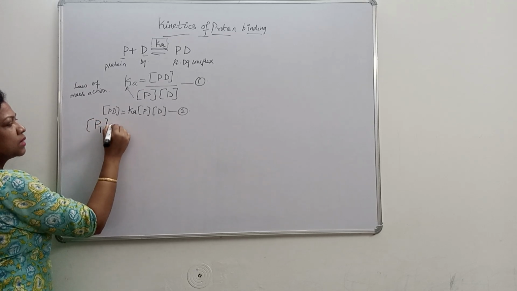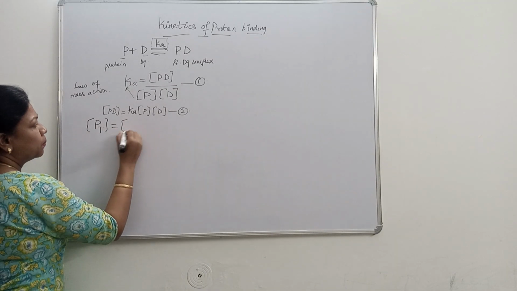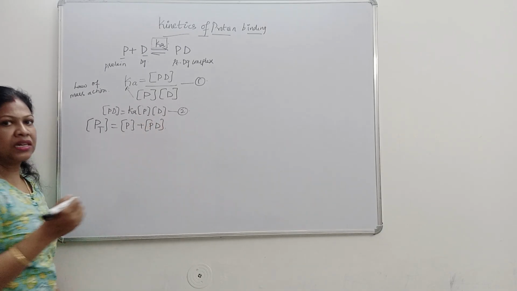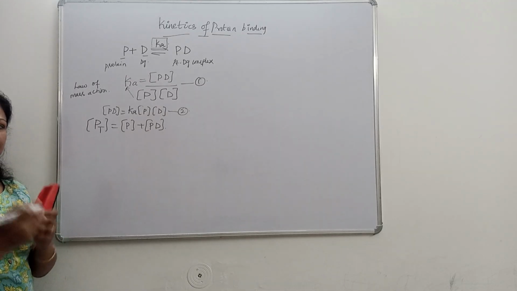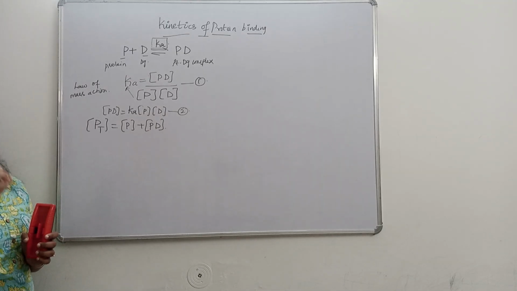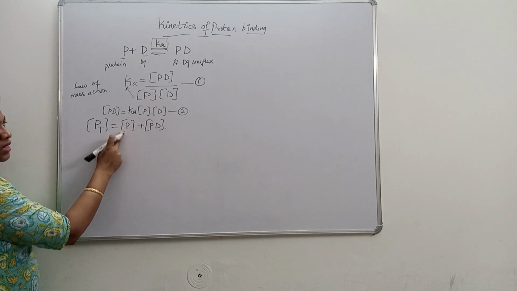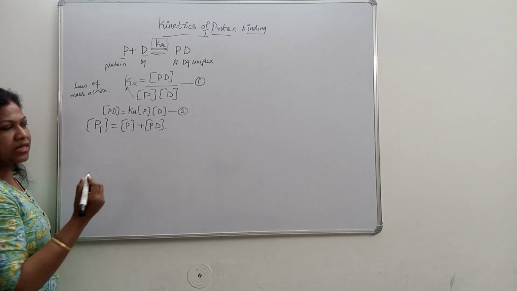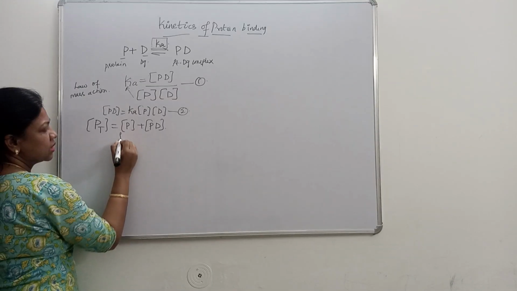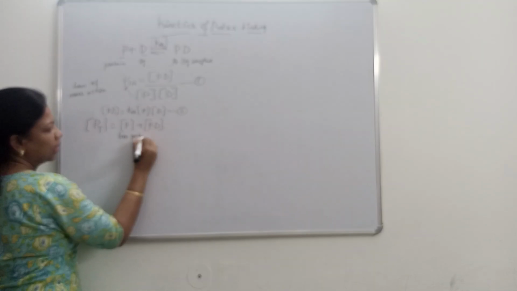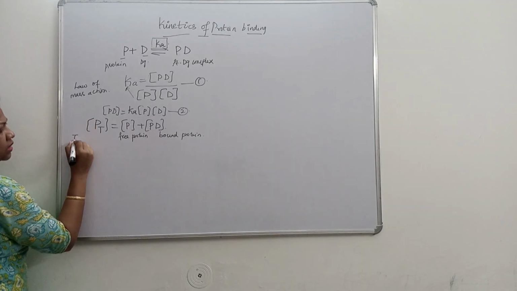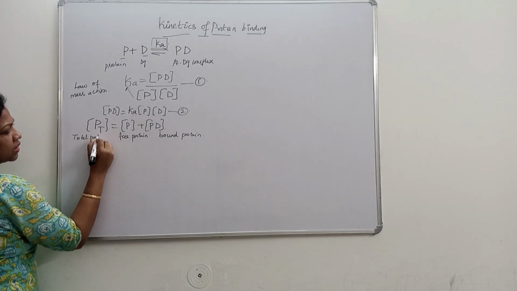How much total protein is present in the plasma? The total concentration of protein is the free protein present plus the protein that is bound with drug. The free form of protein is written as [P], and the concentration of bound protein is written as [PD].